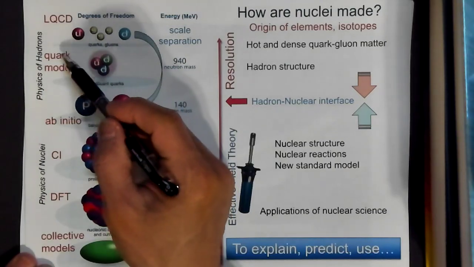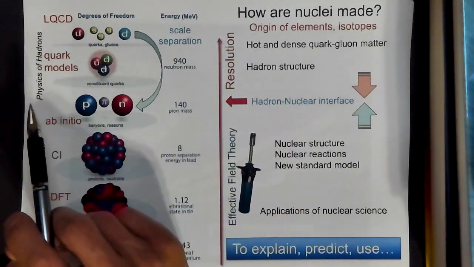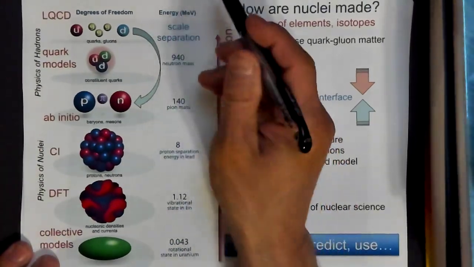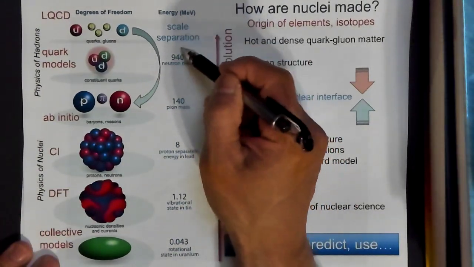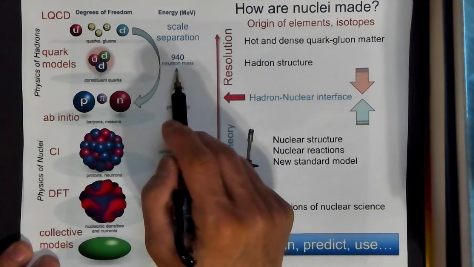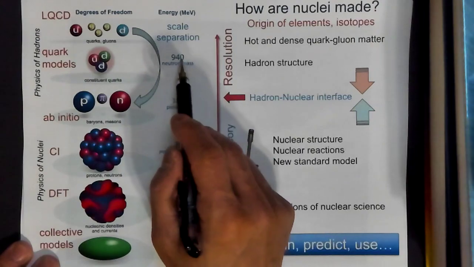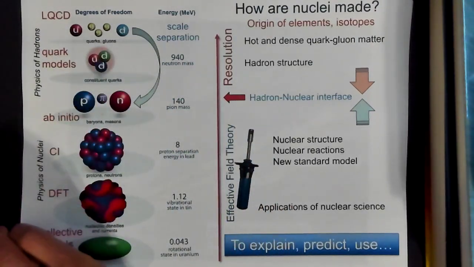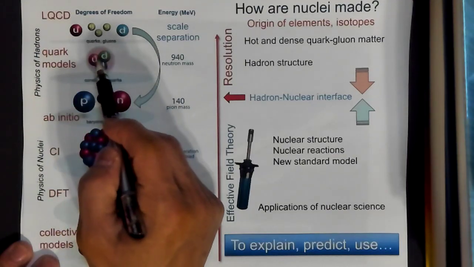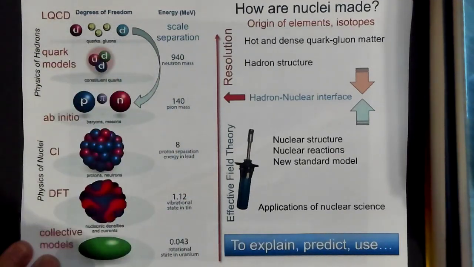If you then go down to a somewhat lower energy scale, about 940 MeV, you see bound neutrons and protons. That's the approximate mass of the proton or a neutron. And so you can try to describe what the quarks are doing inside of this proton or neutron.